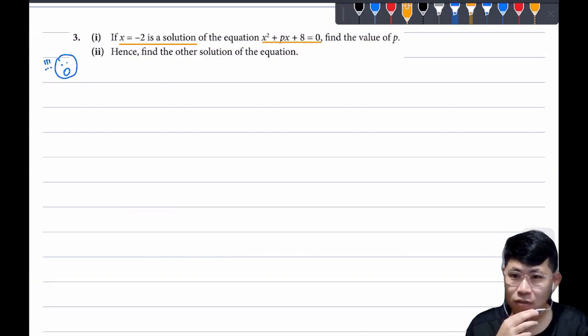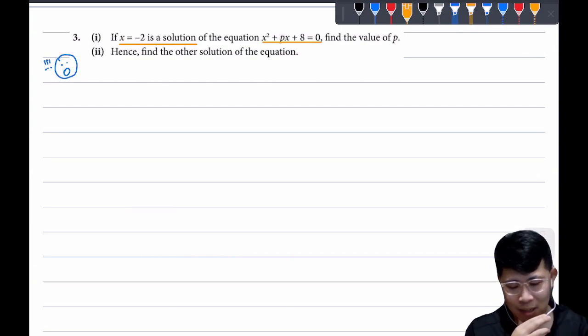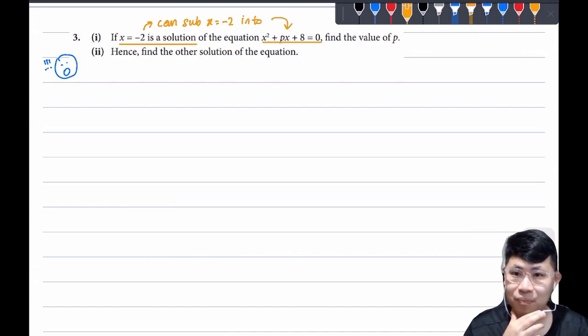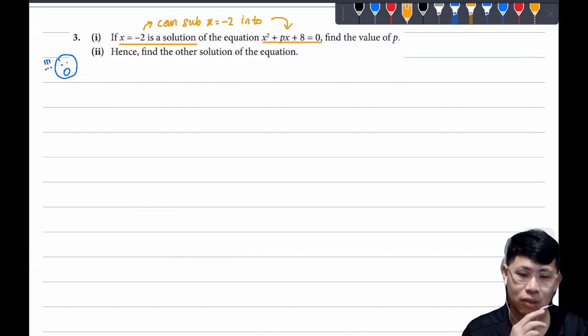Find the value of p. If x equals negative 2 is a solution, it means we can substitute x equals negative 2 into this equation. Because it is a solution, we can substitute it into the equation and it will be true for this value. The left hand side will still be equal to the right hand side.